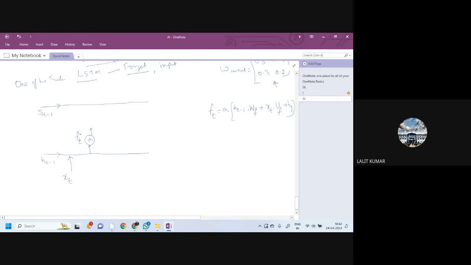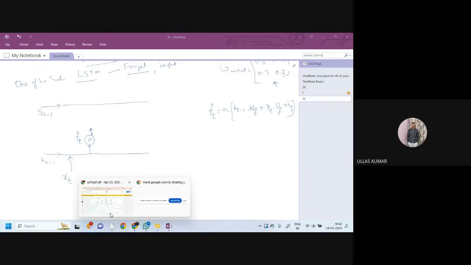So this output we get. This is how we can control what information is coming from the back and forget that information. So this FT is the forget gate. Clear? Okay.